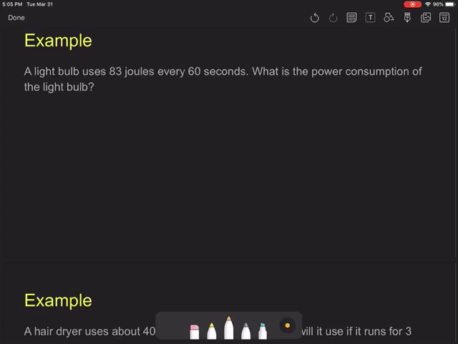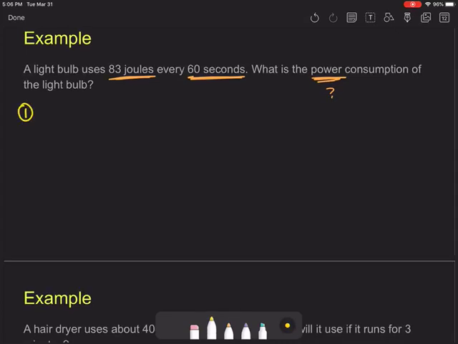Here we have an example about a light bulb. A light bulb uses 83 joules every 60 seconds. What is the power consumption of the light bulb? So we know we have 83 joules. We're given 60 seconds. And we're trying to look for the power. Step 1 is we're going to write down everything we know and everything we're trying to find.